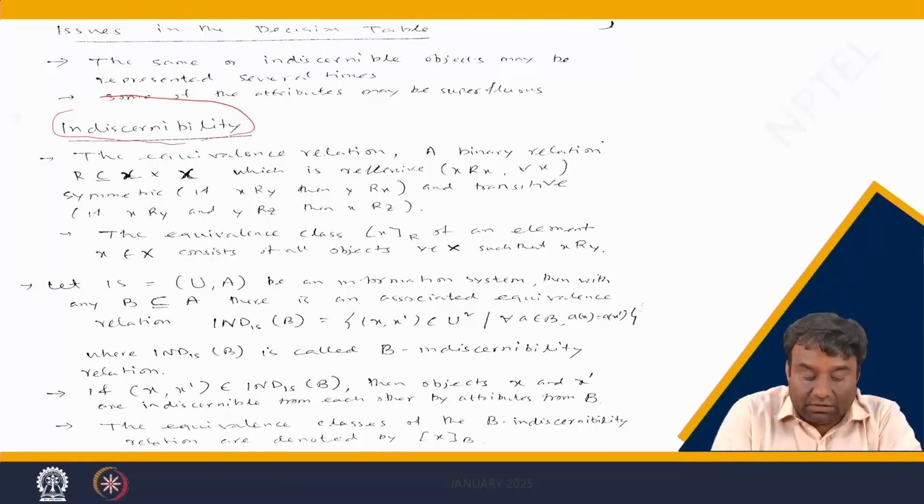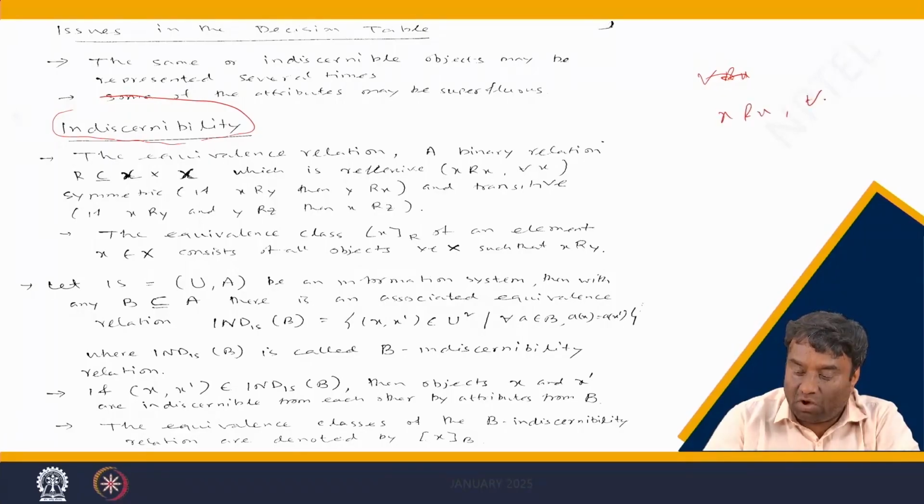An equivalence relation is basically a binary relation R, which is a subset of X cross X, which is reflexive. That means every element is related to itself, so x is related to x for all x belonging to some set A. That is called reflexive. Symmetric means that if x is related to y, then y must be related to x.